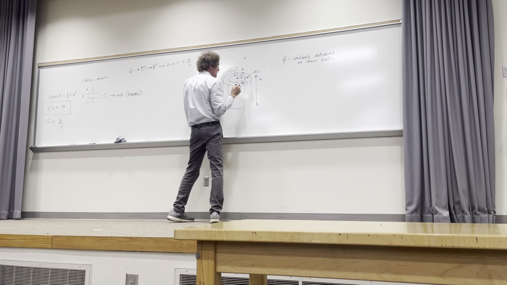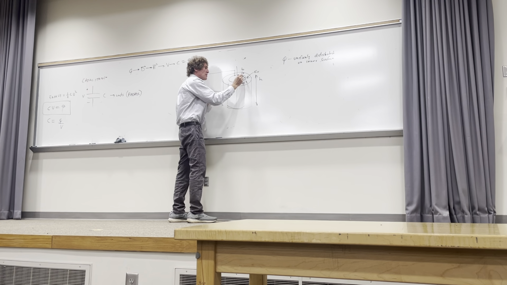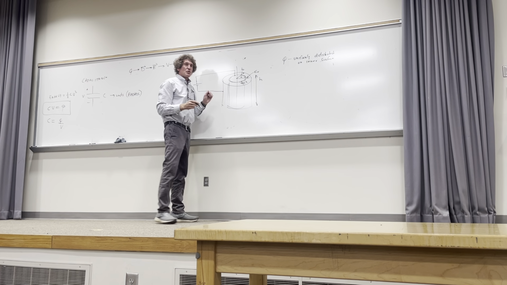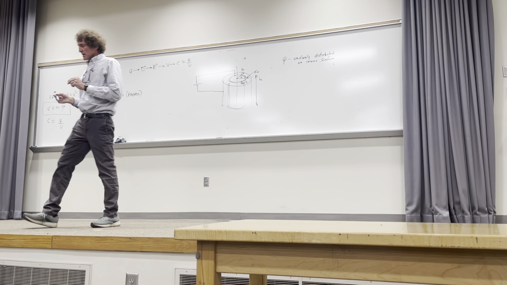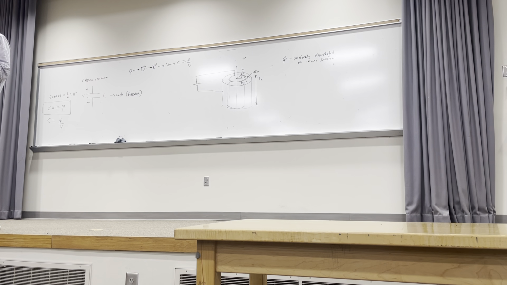Okay, now follow me on this one. It's all on the inner surface here, right? You could go ahead and calculate the surface charge density, but you don't need to. And I want you to listen to this.